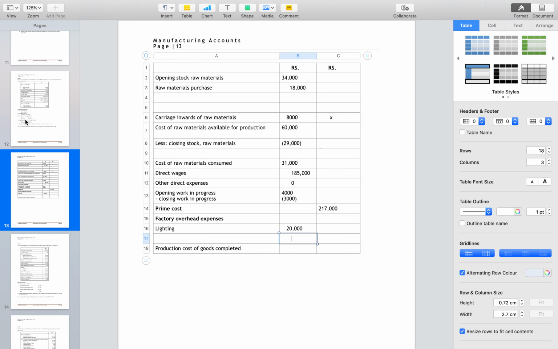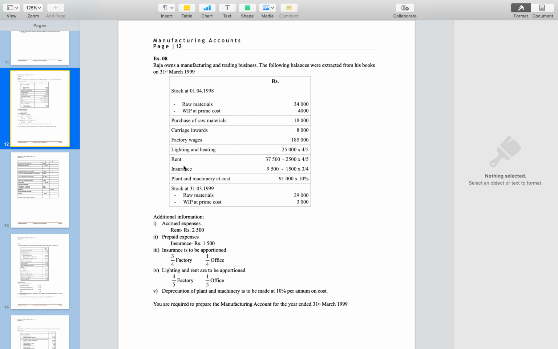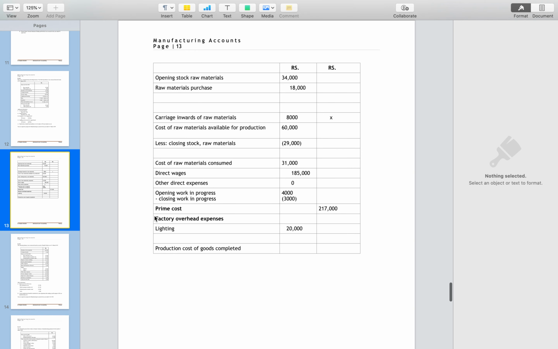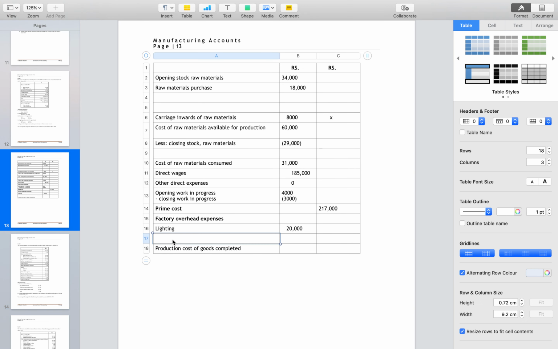Rent for 37,500, you add back 2,500 to that answer. Now you see 4/5, so that will then be 32,000. So you copy that over there. Rent is now 32,000.